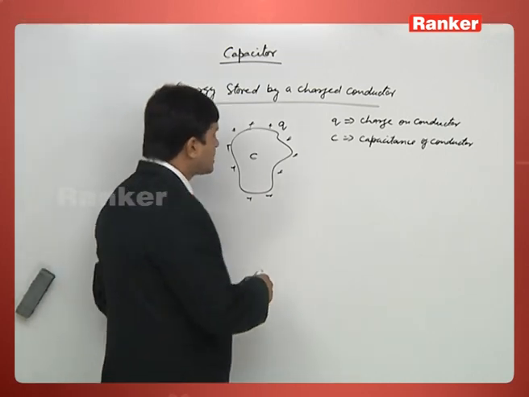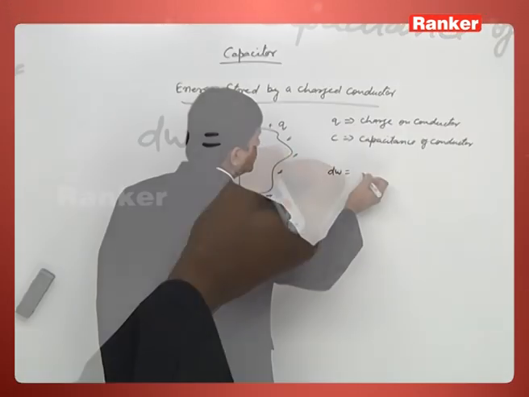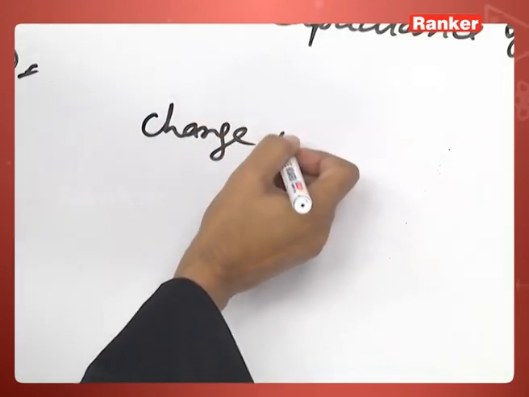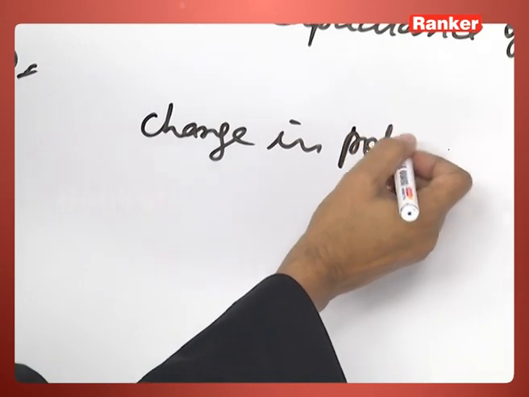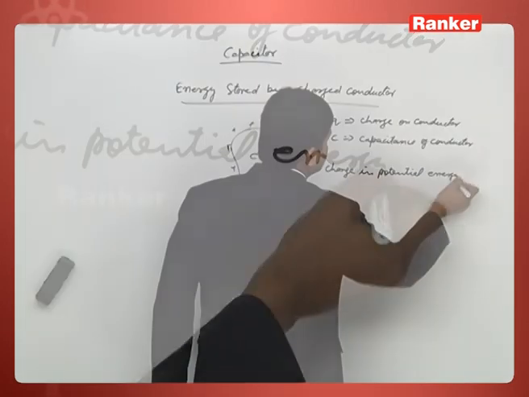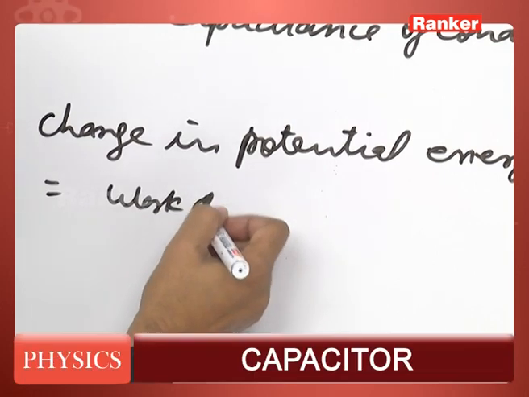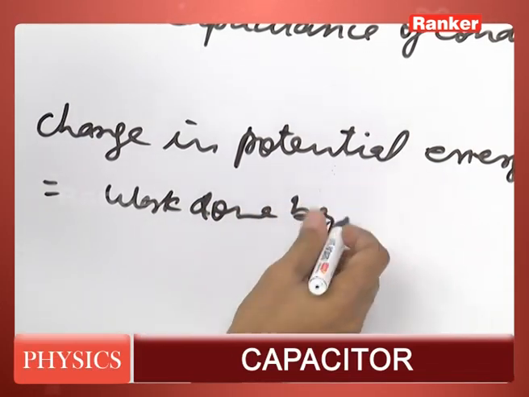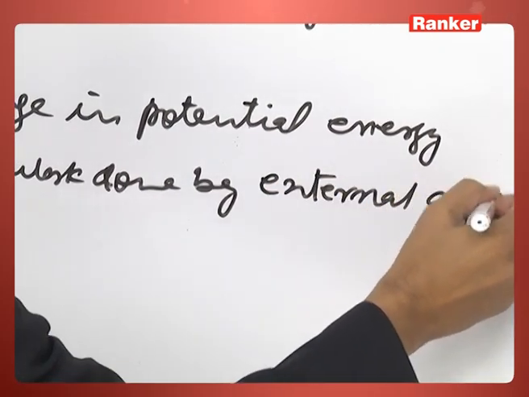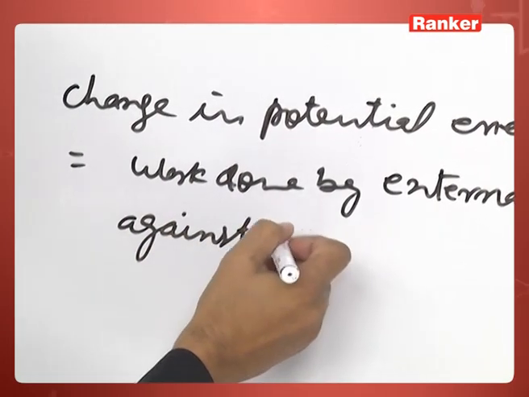Then how to calculate? As we know, work done is given as change in potential energy, which is equal to work done by an external agent against electrostatic force.